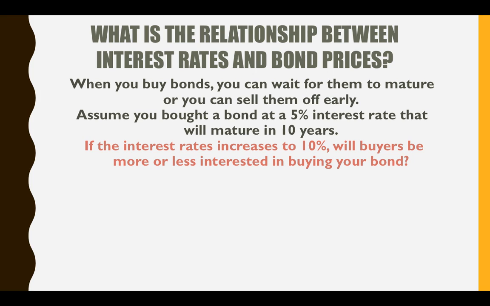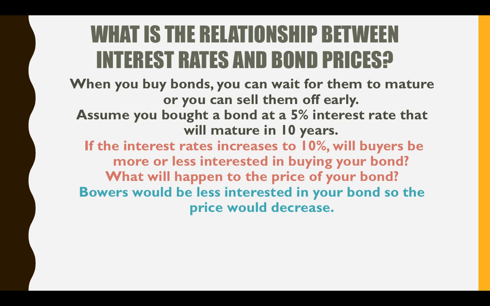You'd probably be more willing to buy something at a 10% return, right? As the interest rate goes up, bond prices need to go down to make them more attractive to buyers, right? No one would ever buy this bond at its regular price because they can get a bigger return putting it in the bank, okay? And so as people are less interested in something, the price is going to decrease.